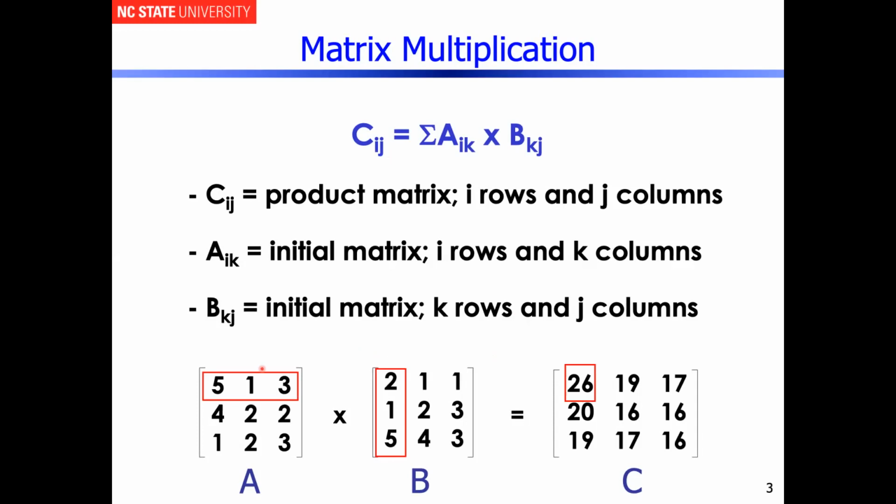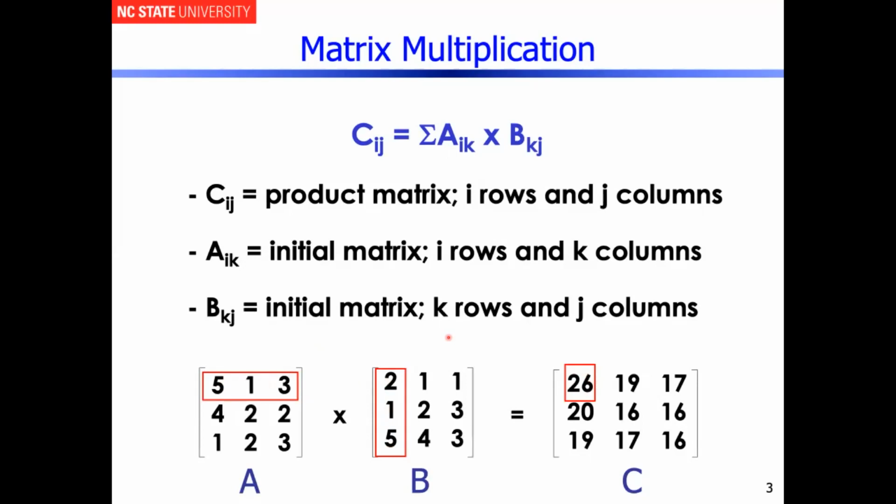Now, what the dot product is effectively taking, as you can see, is the sum of everything that's contained in the first row in matrix A, multiplied by the corresponding values that are contained in the first column in matrix B. So simply stated, this is going to be 5 times 2 plus 1 times 1 plus 3 times 5. And that gives you the first element in matrix C, which is 26.